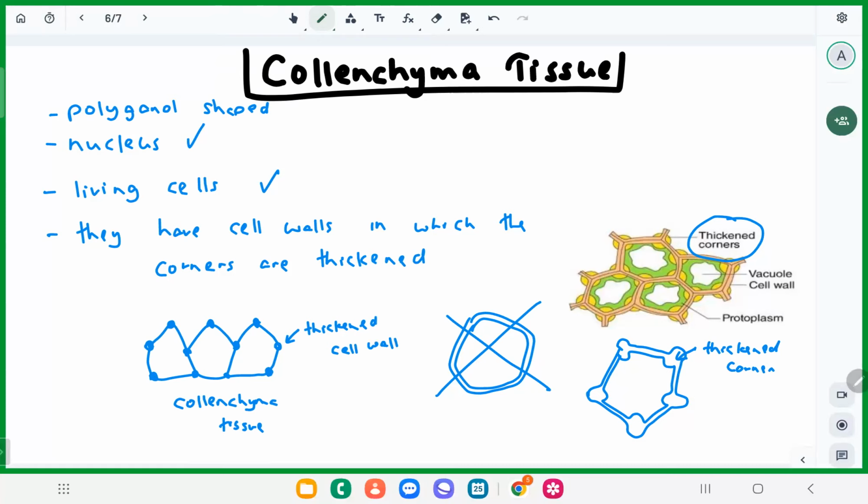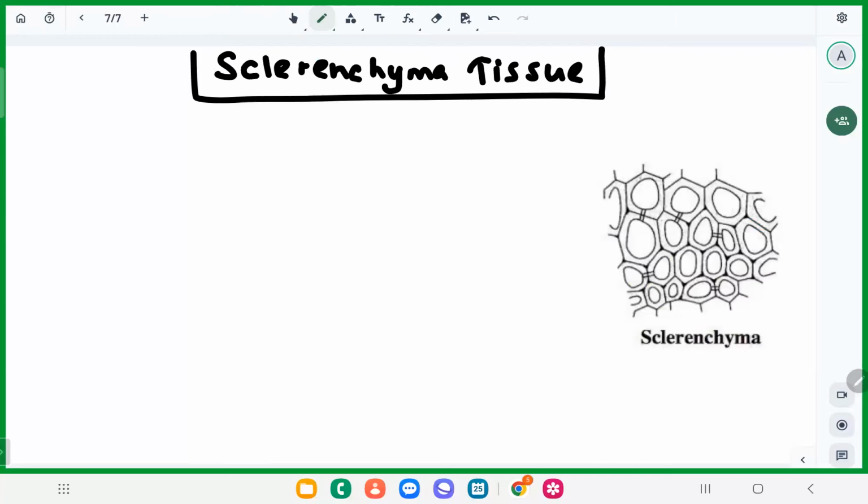All right. And then that brings us to the third type of simple permanent tissue, which is the sclerenchyma tissue. Now, sclerenchyma is very different to parenchyma and collenchyma. When you look at this sclerenchyma tissue, you can see the same type of cell everywhere around this tissue, and that is why it falls under simple permanent tissue.